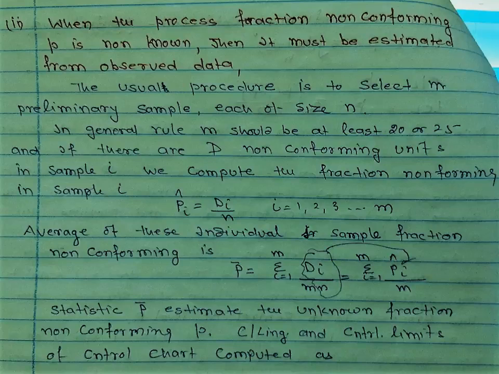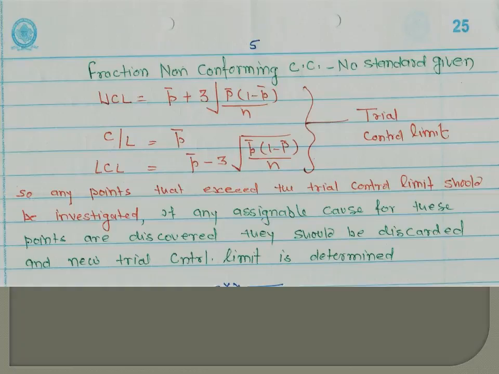So the central line and the control limits of the fraction non-conforming control chart, with no standard given, are computed as follows.